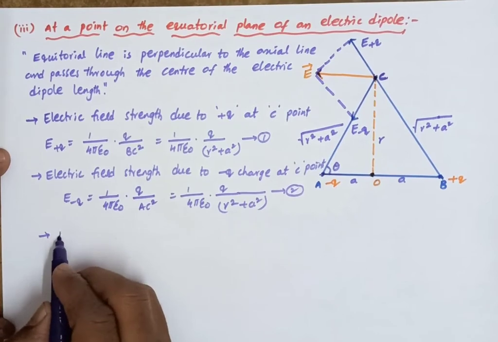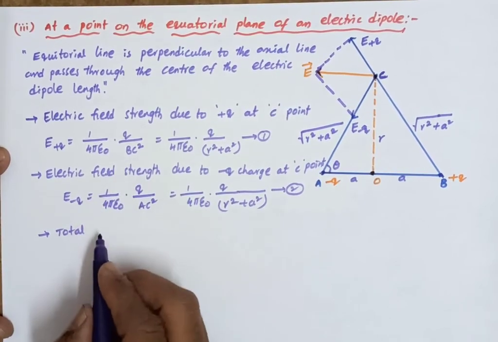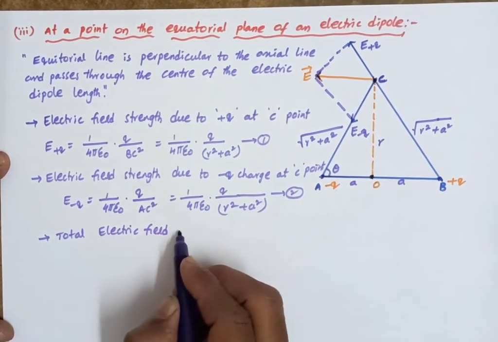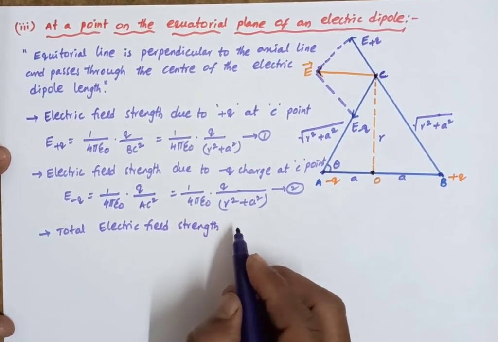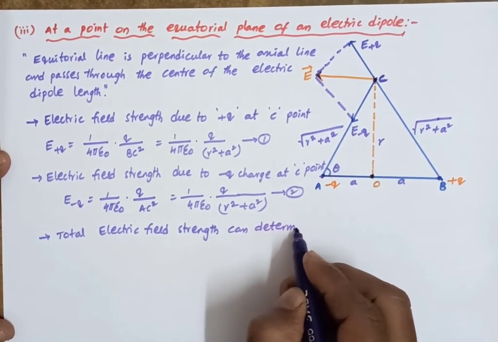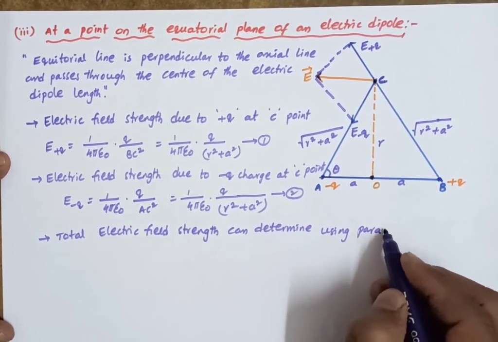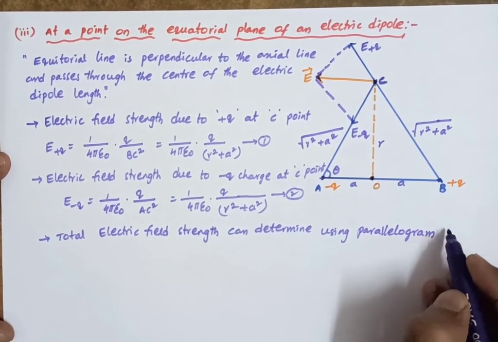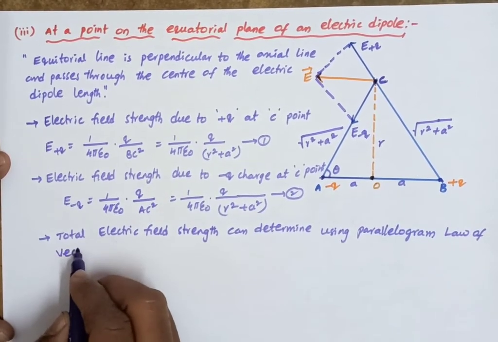Then the total electric field strength can be determined using the parallelogram law of vector addition.